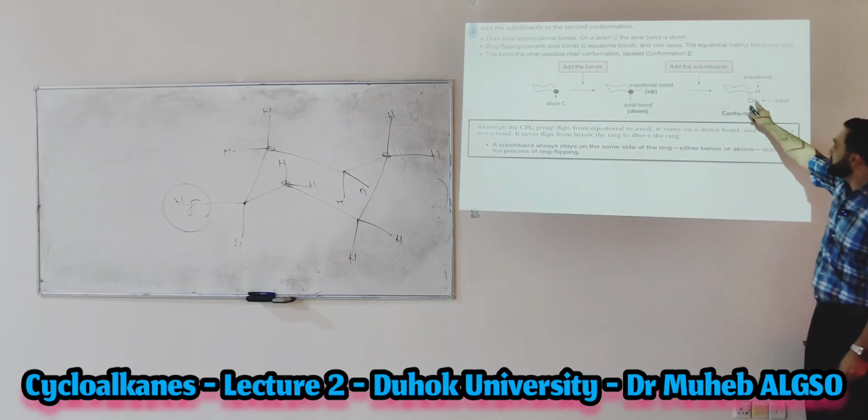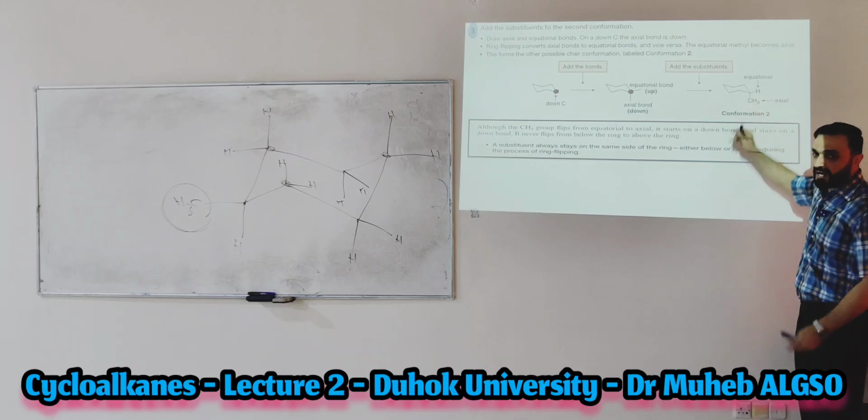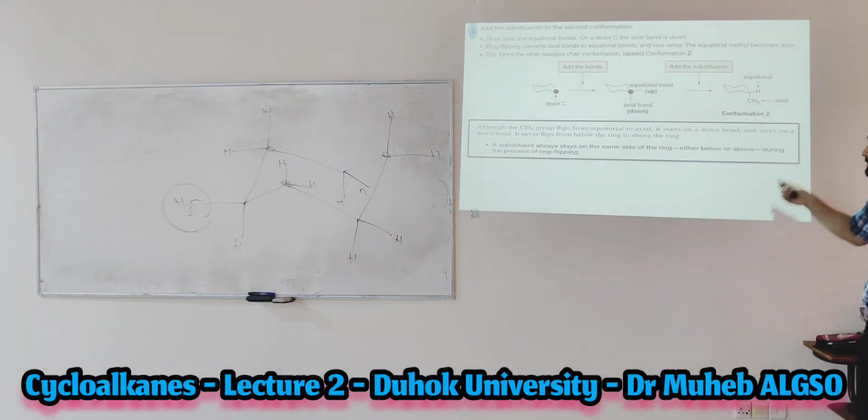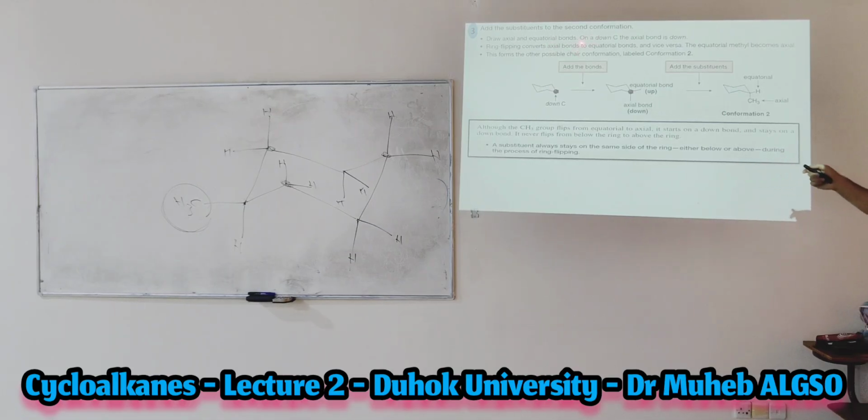This is the axial CH3. Why? Because you make flipping, and this gives you the second substituent. Draw axial and equatorial bonds on the down carbon and the axial bond is down. Ring flipping converts axial bonds to equatorial bonds.